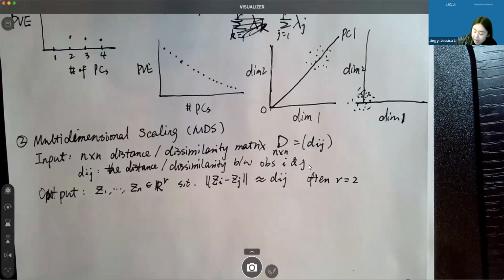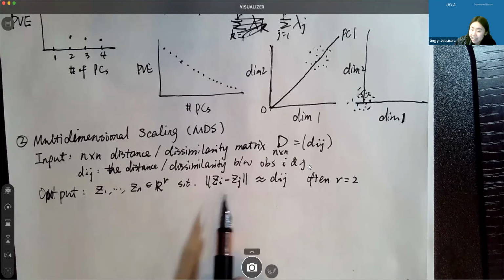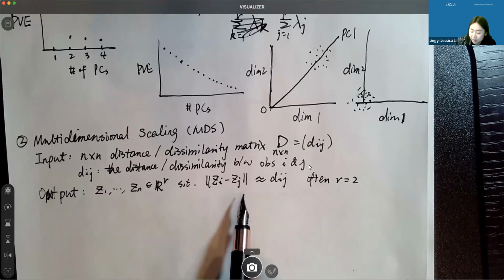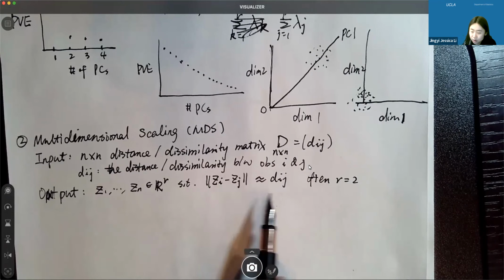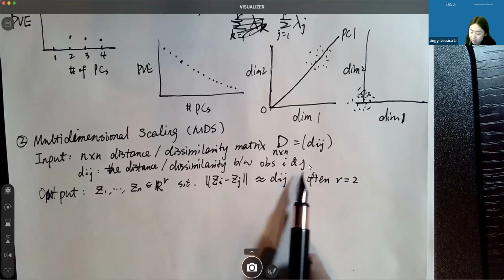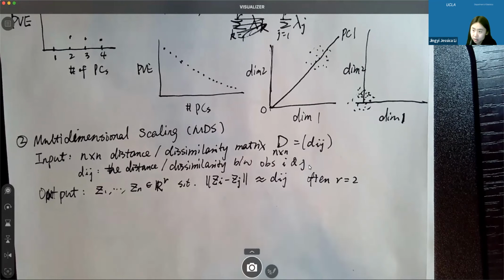In this case, we want to have the Euclidean distance between two observations in the embedding space be as close as possible to the Dij in the input. That's the purpose of MDS. In other words, we want to find some points in a low dimensional space to reflect the input distances.